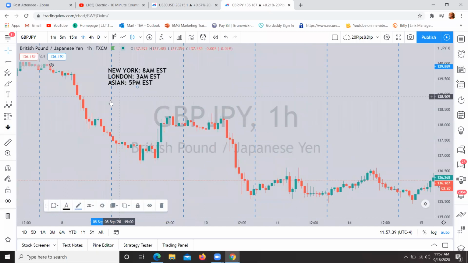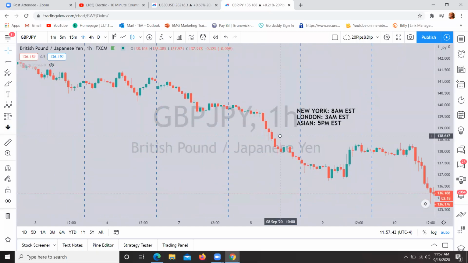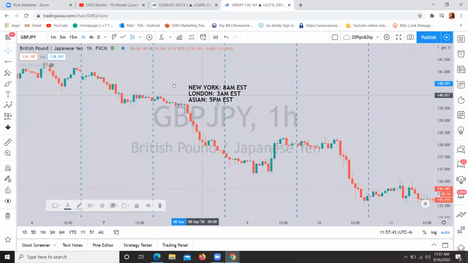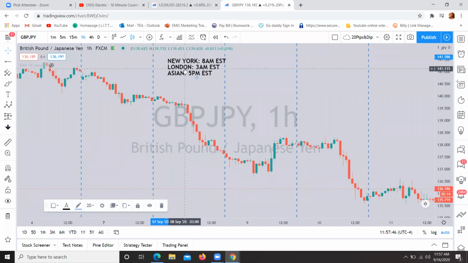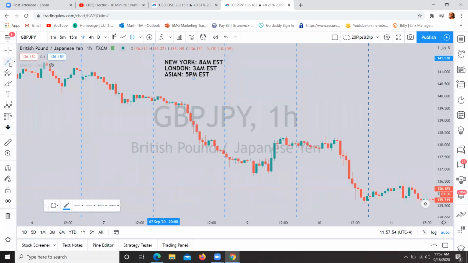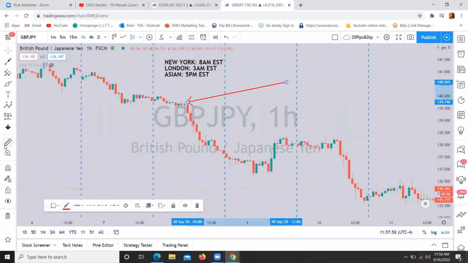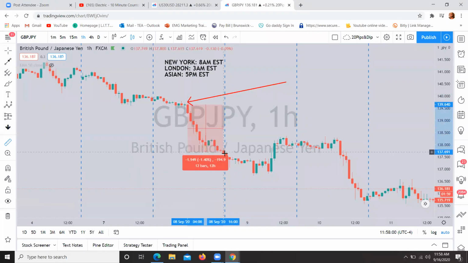If we know that London session opens at 3 a.m., look at this, y'all. Where's my arrow? This is 3 a.m. Eastern. Look at this, y'all. For the whole day, 204 pips. This is a little bit more volatile.